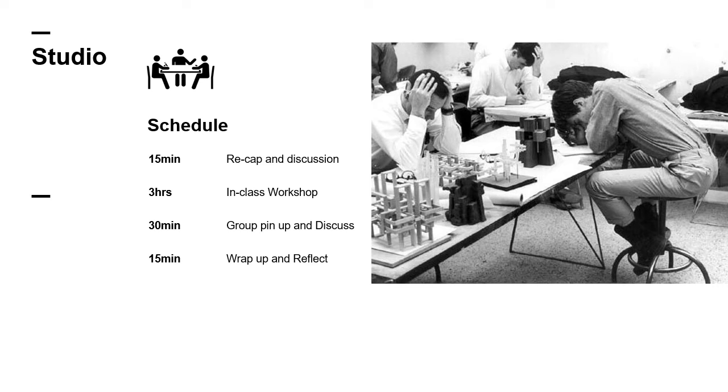At the end of the workshop, we'll either lay out or pin up our work, and we'll have an informal discussion about it as a group. The last part of the class will be a wrap-up of what we've done and a reflection on how we might move forward in the week to come.